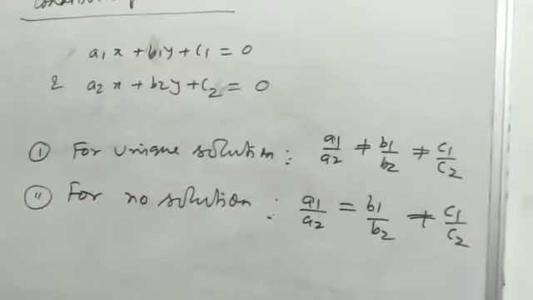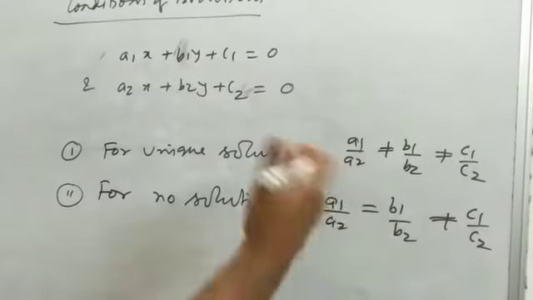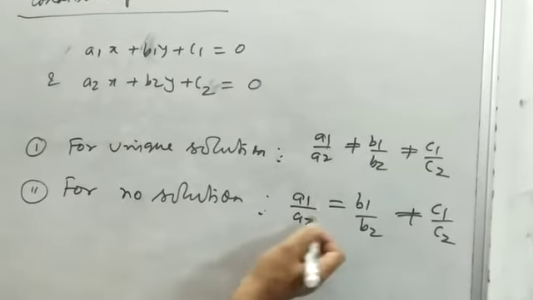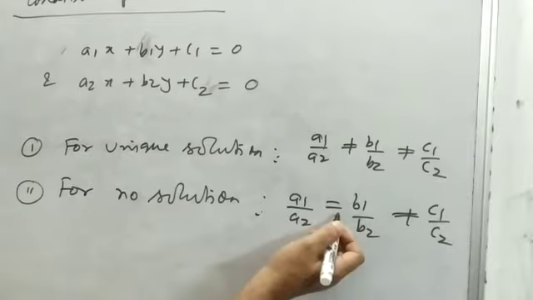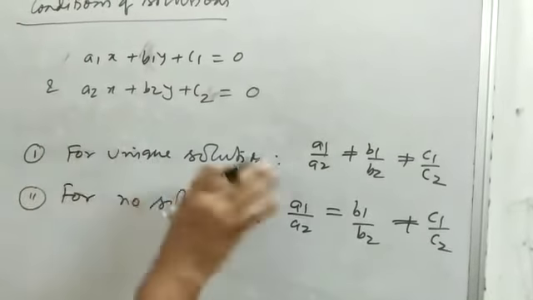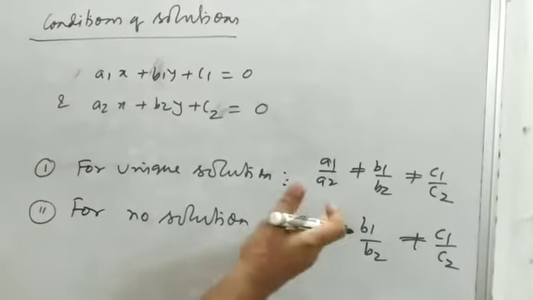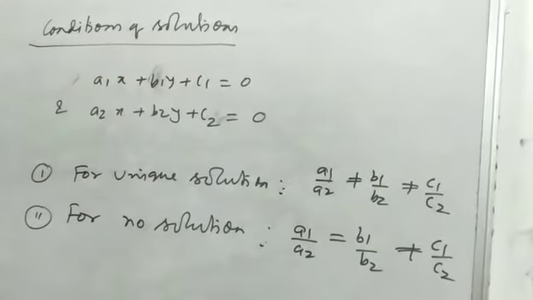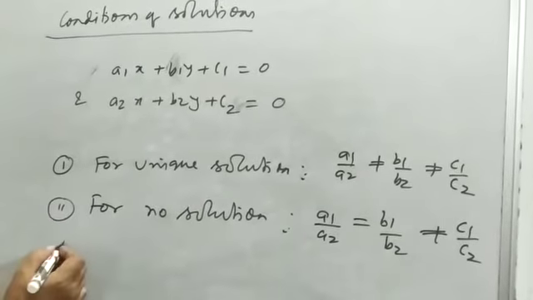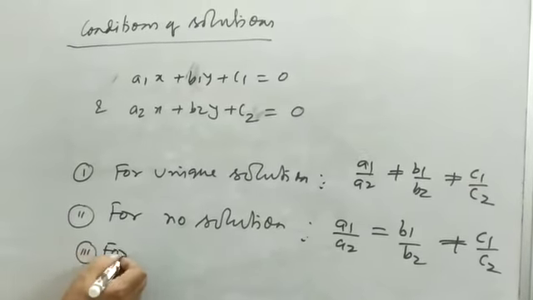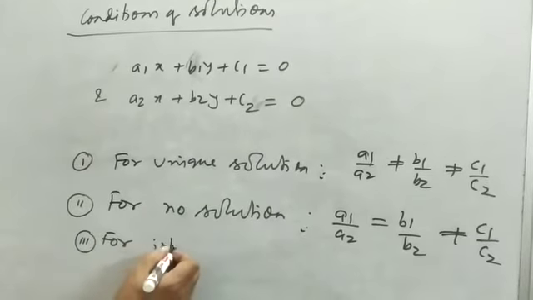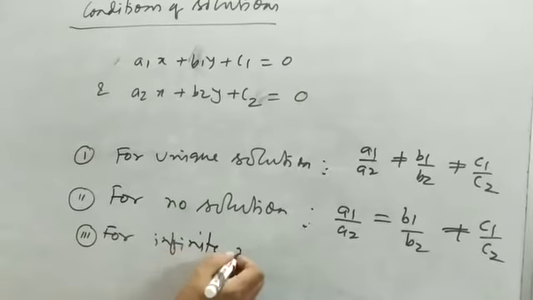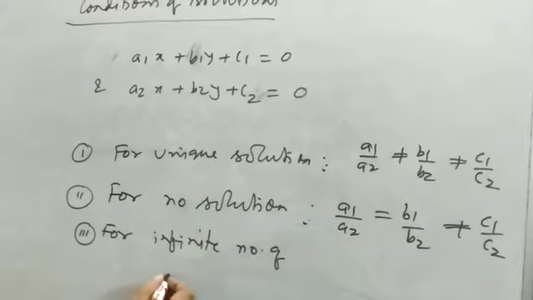Sometimes by comparing the first two ratios, if they are equal, then the equations have no solutions. If we solve, we will not get the values of x and y. Then one more condition is for an infinite number of solutions.